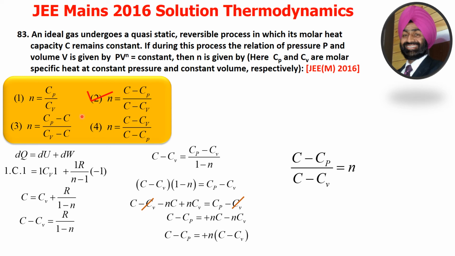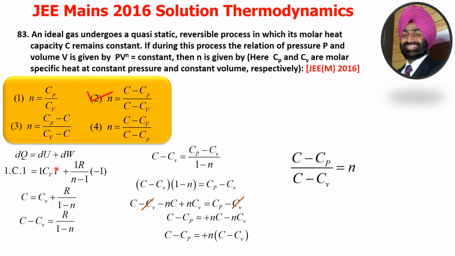So let me repeat the process. First law of thermodynamics, dQ equal to dU plus dW. dQ is equal to number of moles into specific heat of the gas C into rise in temperature 1. Further, dU is equal to n Cv dT, so n is equal to 1, Cv into change in temperature equal to 1.